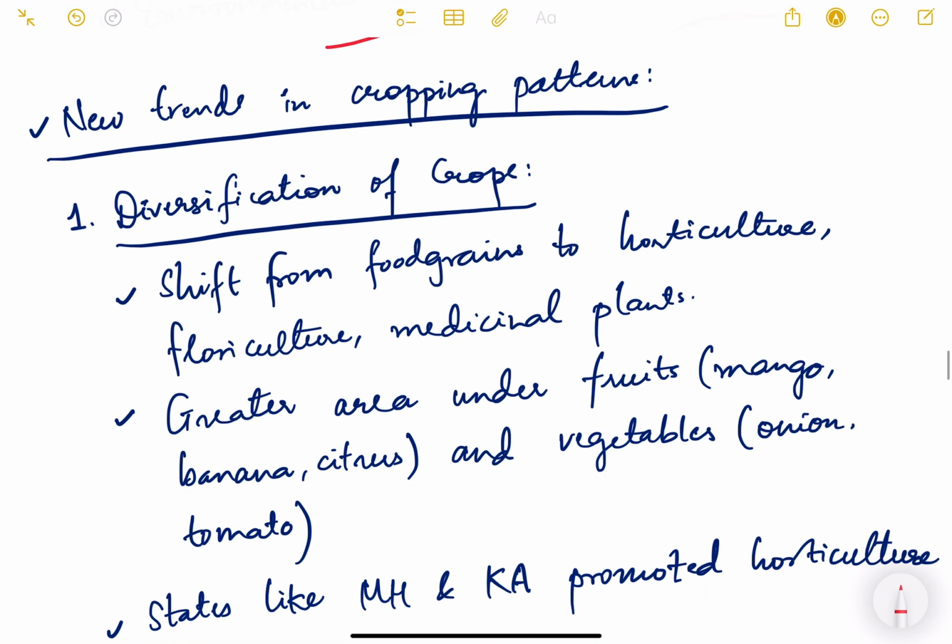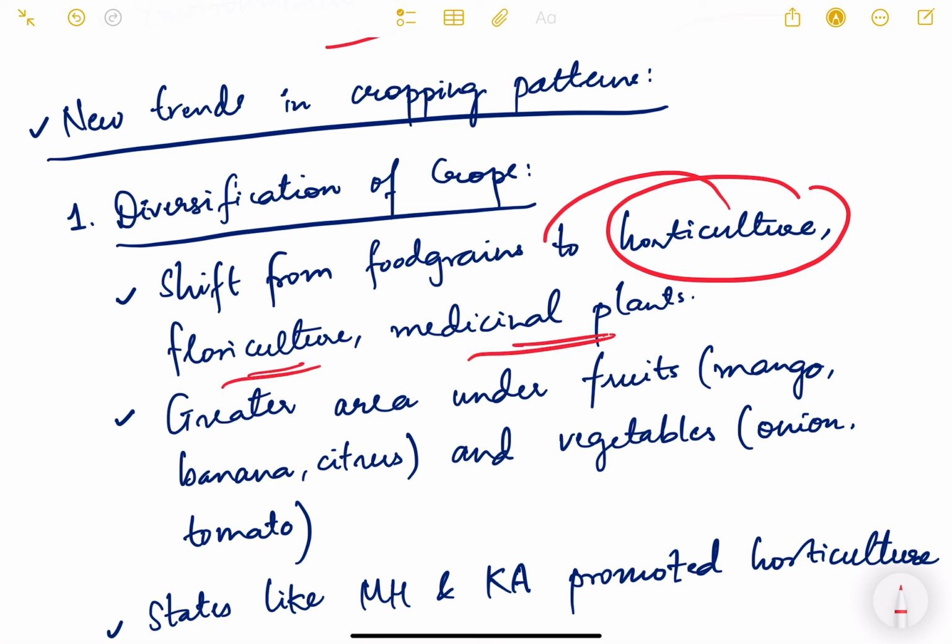Now, what are the new trends during this period? Diversification of crops happened again. Shift from food grains to horticulture, like growing of fruits, vegetables, floriculture, flowers, medicinal plants. Greater area under fruits, mangoes, bananas, citrus fruits, and vegetables like onions and tomatoes.